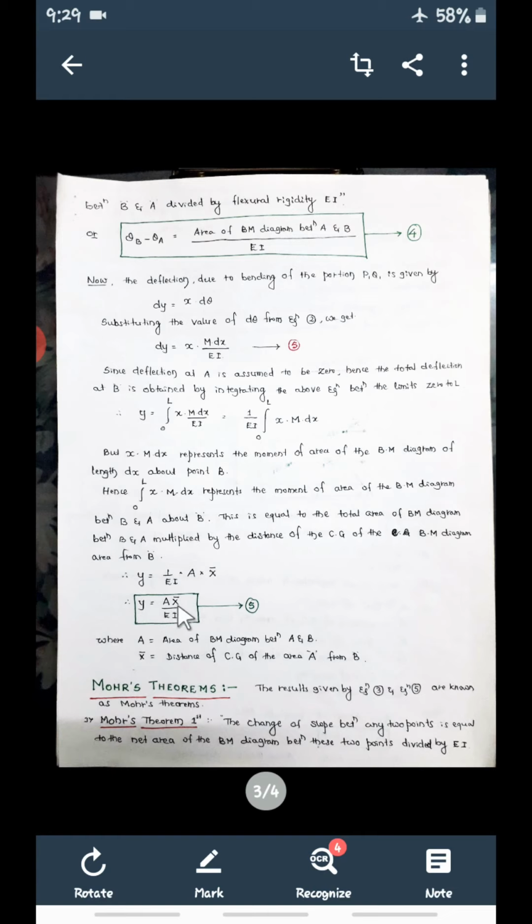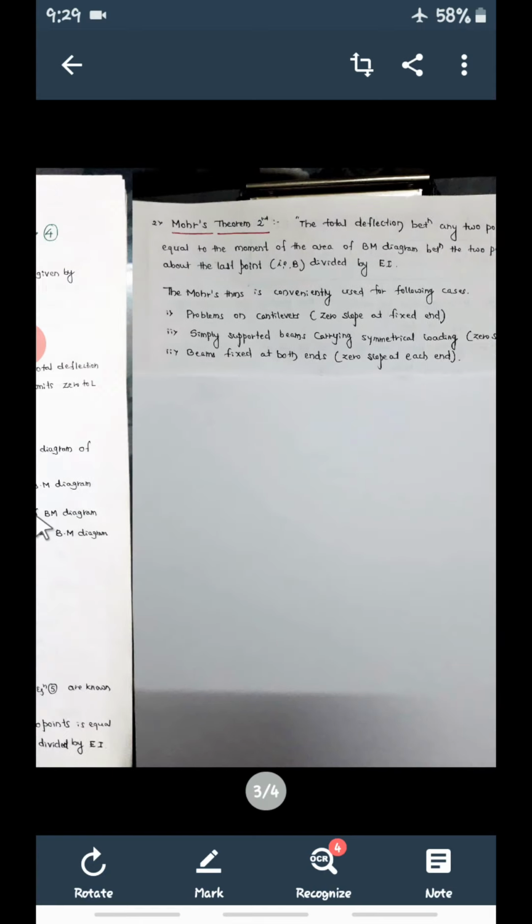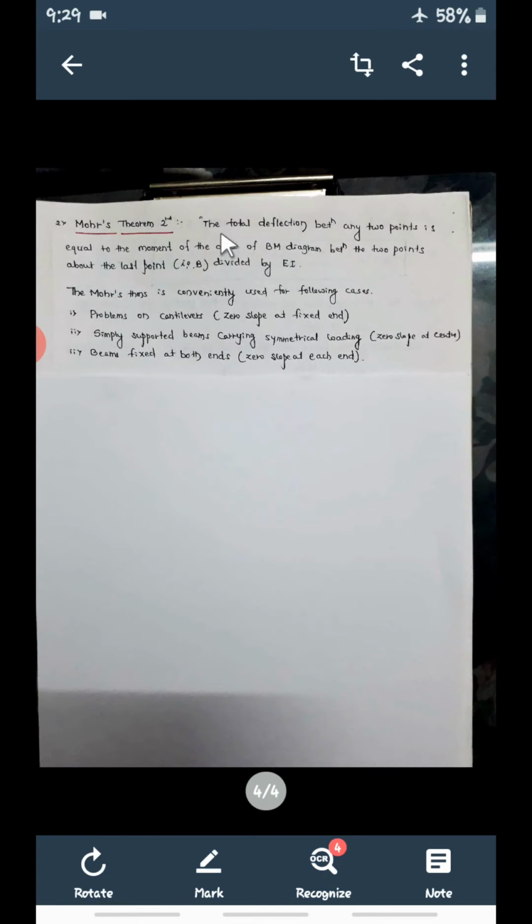So the deflection between any 2 points is equal to the moment of the area of the bending moment diagram divided by EI. The x bar is measured from the last point, that is from B. At A it is 0.